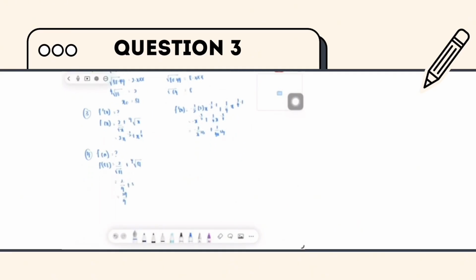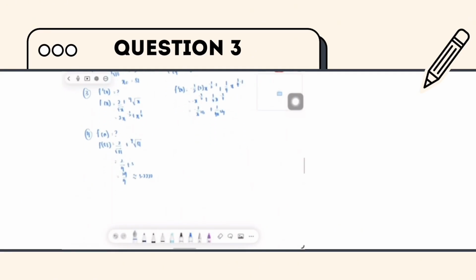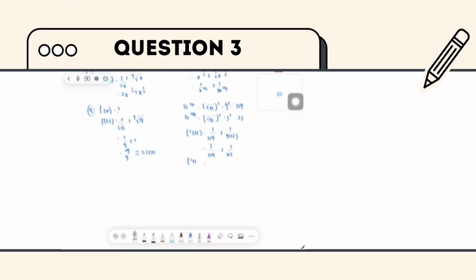So, we substitute the 81. So, we got the answer after we differentiate.